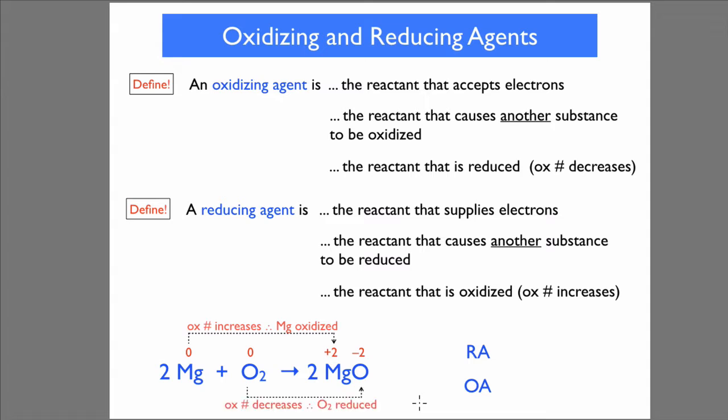Oxygen, the oxidation number is decreased. Therefore, oxygen is reduced. So, if magnesium is oxidized, it must be the reducing agent. Okay, so whatever is oxidized is the reducing agent. So obviously, oxygen is being reduced, so it must be the oxidizing agent.